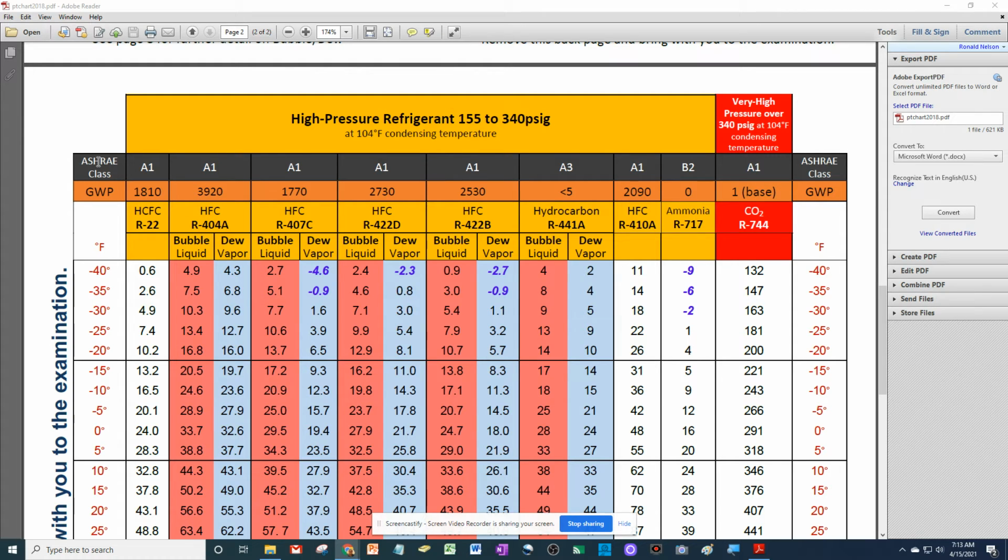It also gives you the toxicity and the flammability rating for each one of these types of refrigerants, right? It also gives you an idea of which ones are blend refrigerants, which can have temperature glide or fractionation potential, all right?